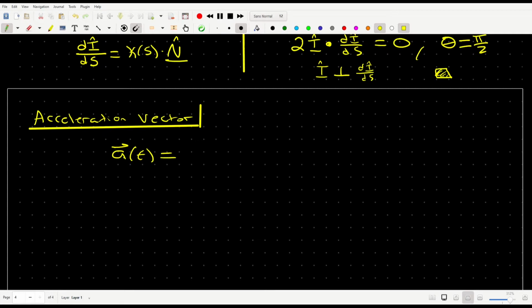In physics, this is typically called a of t, but really this is just the second derivative of the position vector.